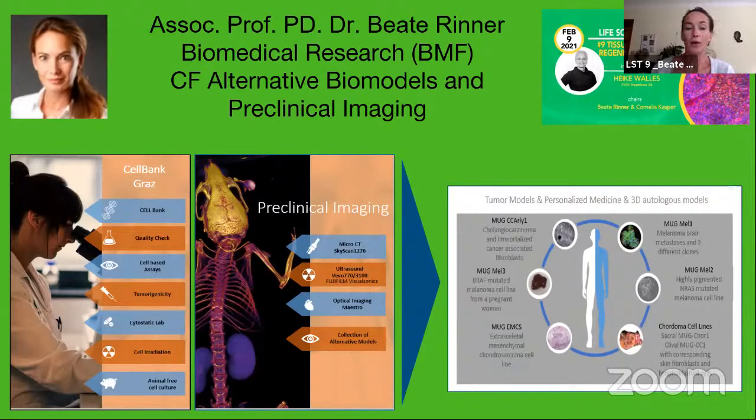One of our key aims is to establish autologous cancer models. It means we have very rare cancers, for example sarcoma or glioblastoma, where we have different types of tissue from one patient, and with that we isolate cancer stem cells and try to make cancer organoids and also co-cultures with cancer cells and cancer-associated fibroblasts.